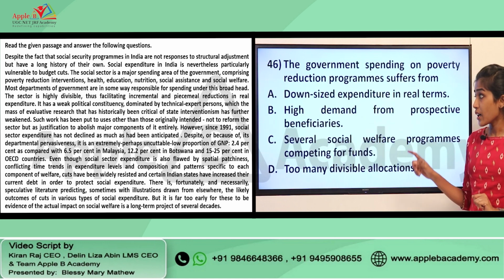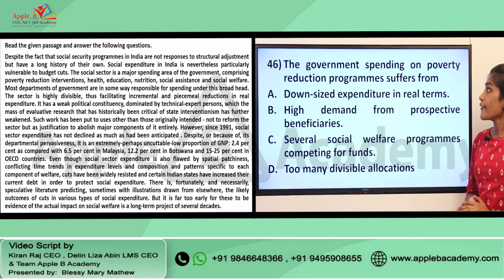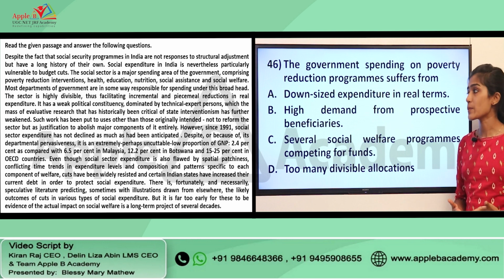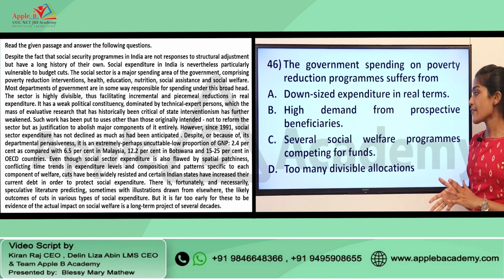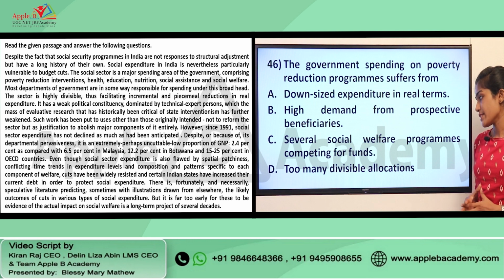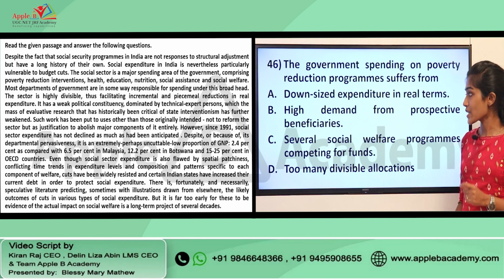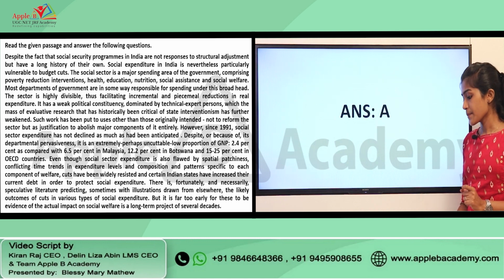The first question: the government spending on poverty reduction program suffers from, and the options are: downsized expenditure in real terms, high demand from prospective beneficiaries, several social welfare programs competing for funds, too many divisible allocations. The right answer is option A, downsized expenditure in real terms.